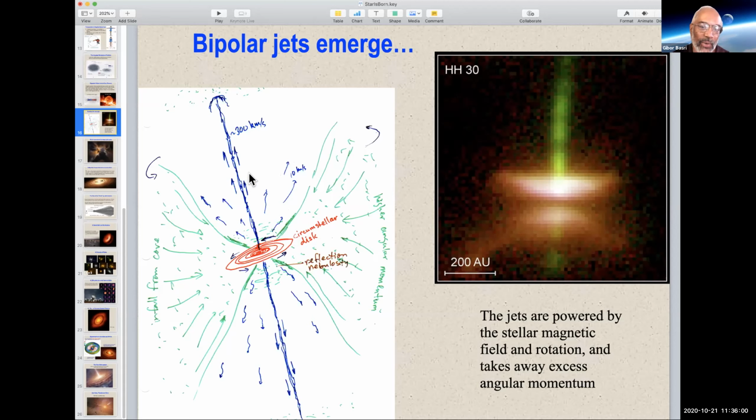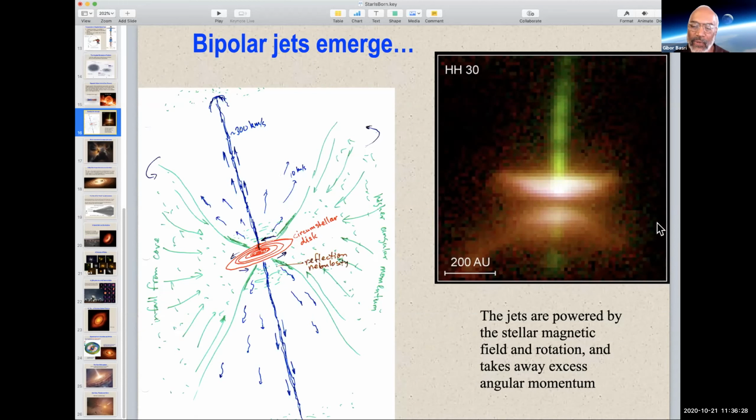So you get two kinds of outflow again. One is sort of this broad outflow that comes off the disk itself. And then the star, of course, is much, much smaller, and the field is stronger, and it wraps much tighter. And so you get a strong, much faster jet right out along the rotation axis. So essentially the stellar field is wrapped around the rotation axis, and the gas gets forced out on it.